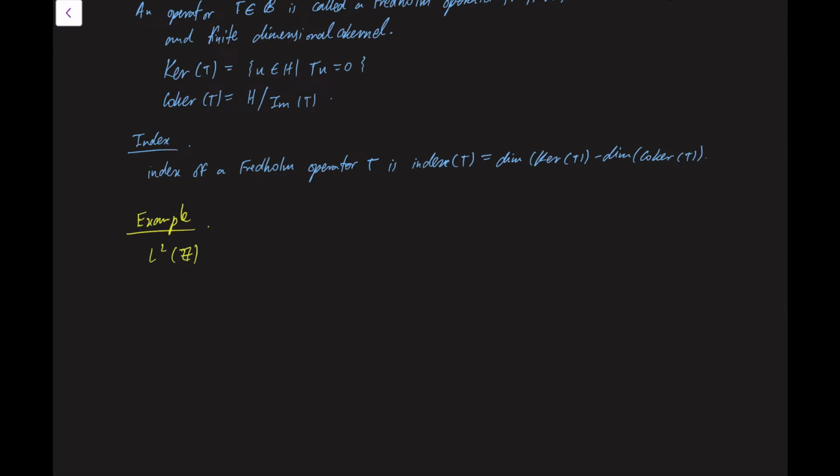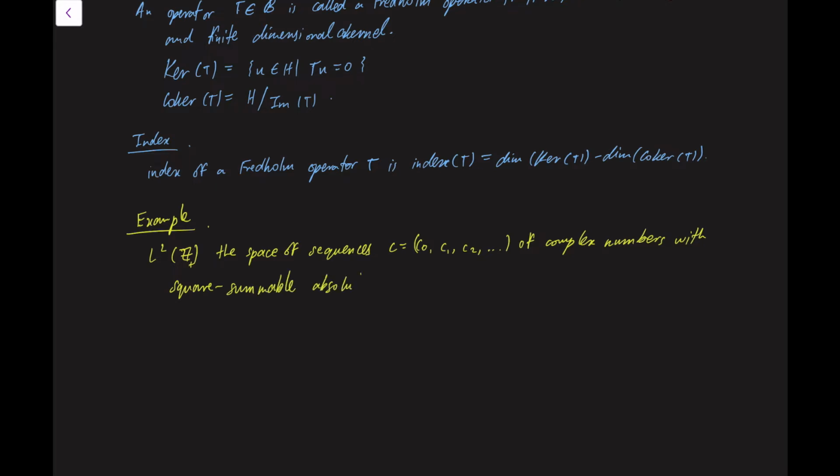So it's the space L2 of Z plus, the space of sequences c0, c1, c2, and so on, of complex numbers with square summable absolute values.